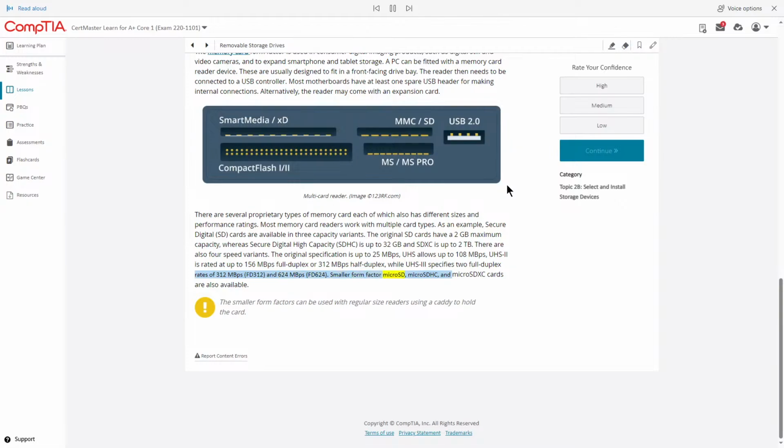Smaller form factor microSD, microSDHC, and microSDXC cards are also available. The smaller form factors can be used with regular size readers using a caddy to hold the card.